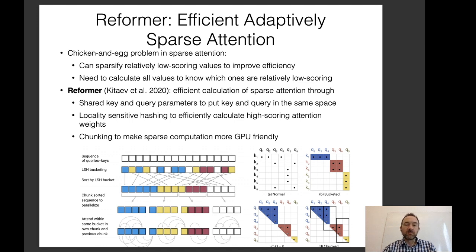The first one is that if you remember back to how the transformer is implemented, we have key vectors, query vectors, and value vectors that are calculated in the attention. The first thing that the reformer does is it shares the key and query parameters to make sure that the keys and the queries end up in the same space.